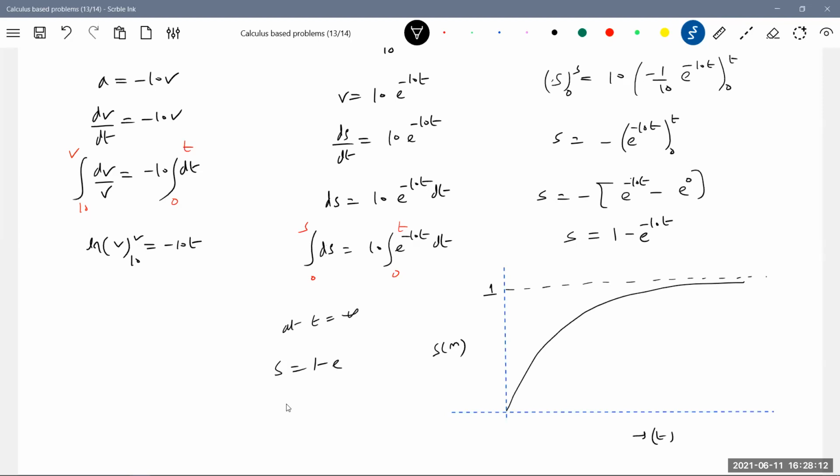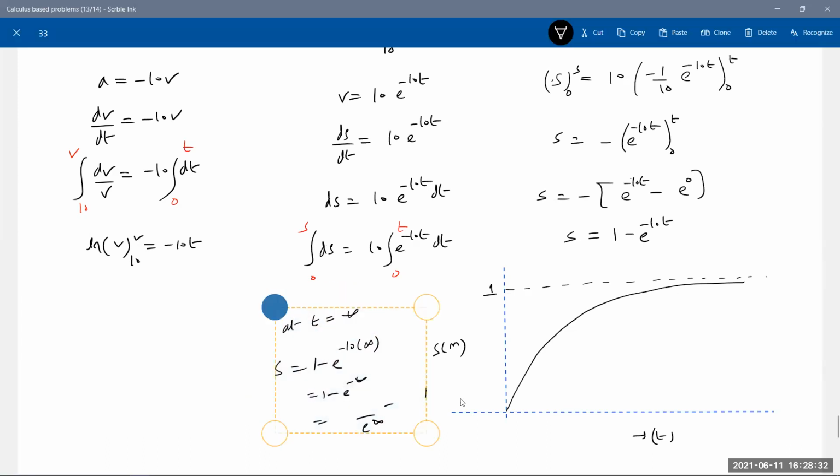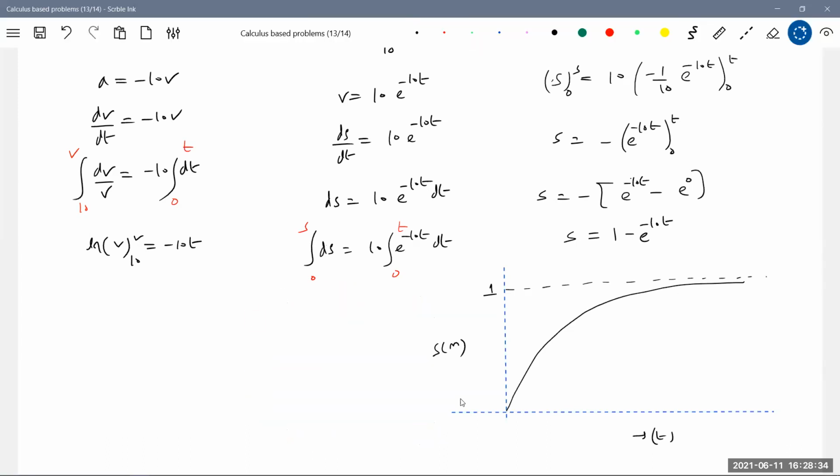At t equal to infinity, check it. s equals 1 minus e to the power of minus 10 infinity.